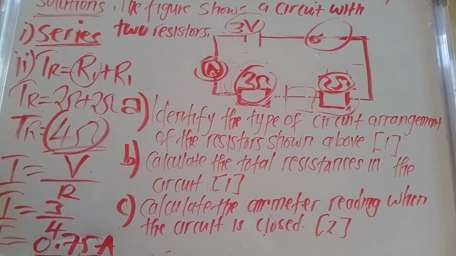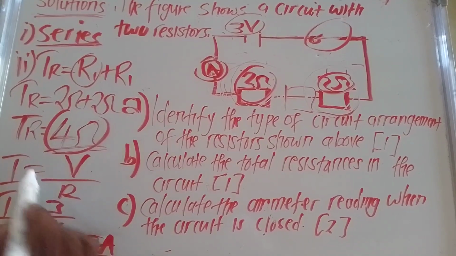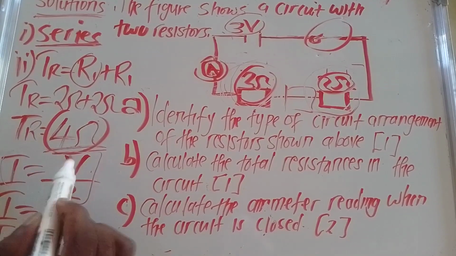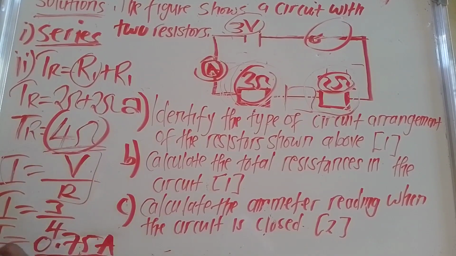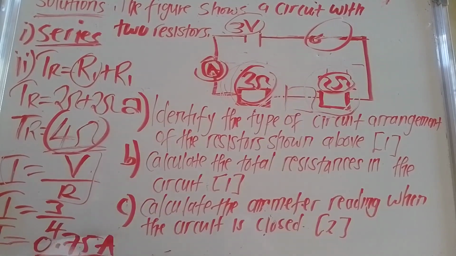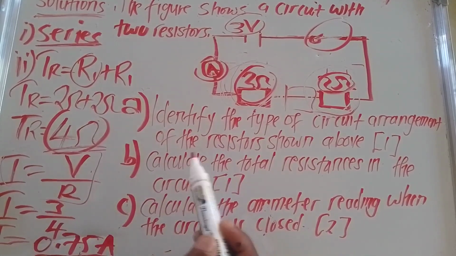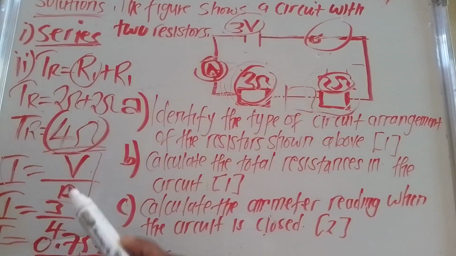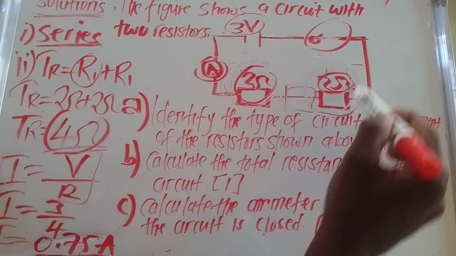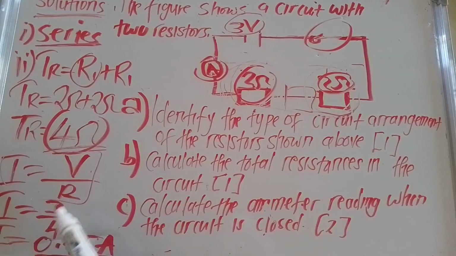If you want to calculate the current, the formula we normally use is current is equal to voltage over resistance. And when you are asked to calculate the total current, you need not choose which resistors to use. You need to use all these 2 resistors.